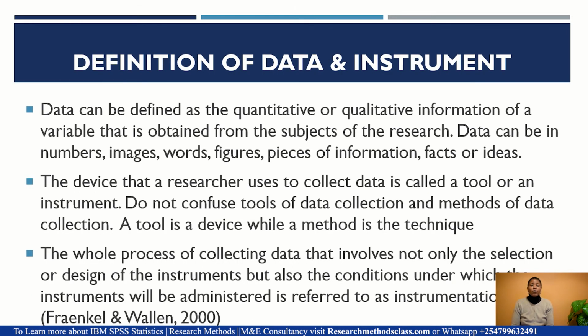So now we move to define what is data, and it will also be important to define what is an instrument. Data can be defined as the quantitative or qualitative information of a variable that is obtained from the subjects of the research. In lesson 4 and lesson 5, we discussed variables, and we said that variables are measurable characteristics that vary across objects or events or subjects.